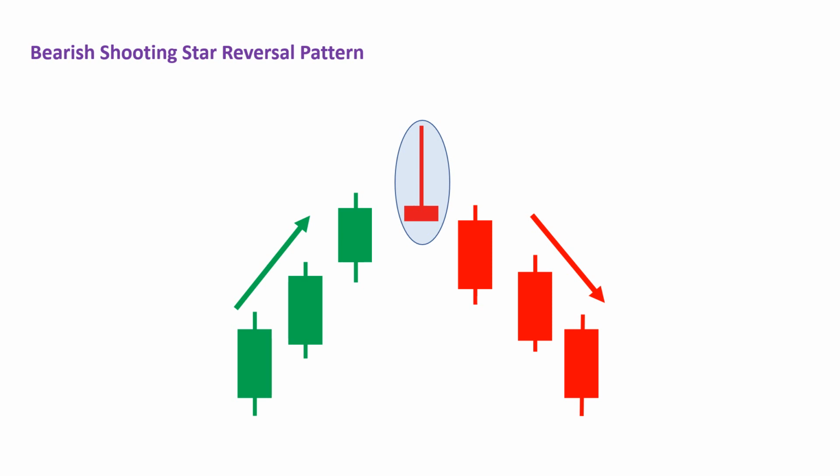Traders look for a confirmation signal such as a bearish candle or a lower closing price in a subsequent session to confirm the shooting star pattern. This pattern often signals a potential bearish reversal, especially when it appears near resistance levels or in overbought conditions.